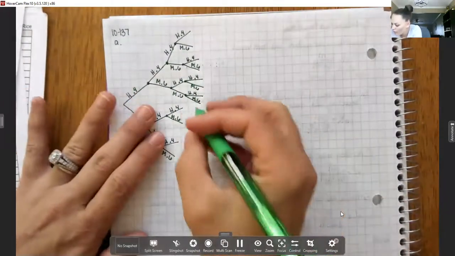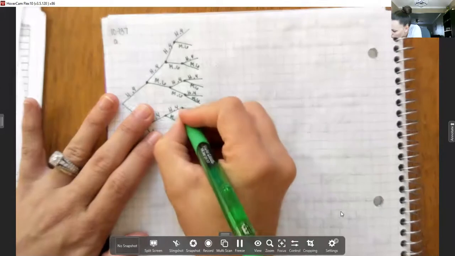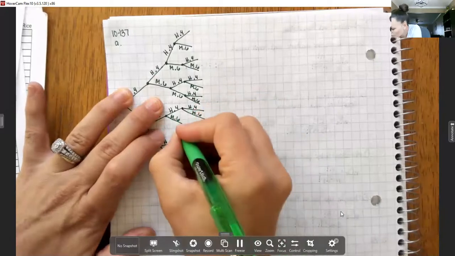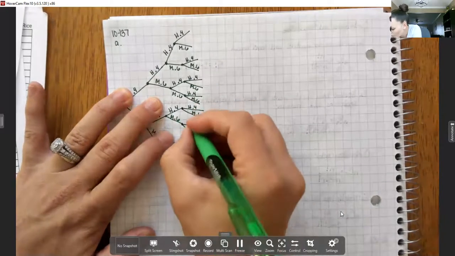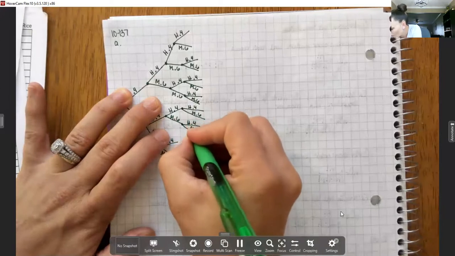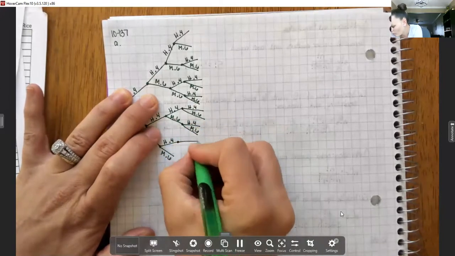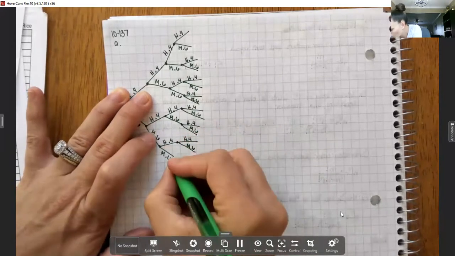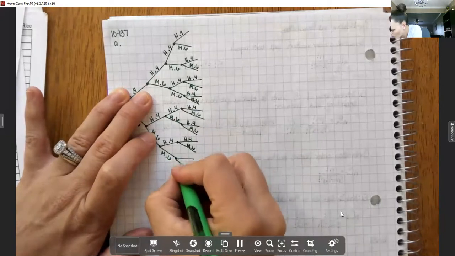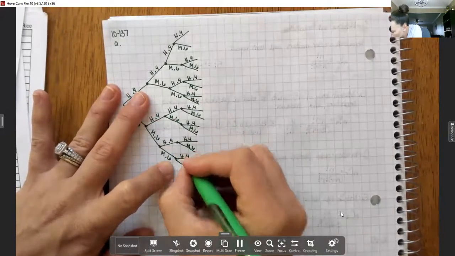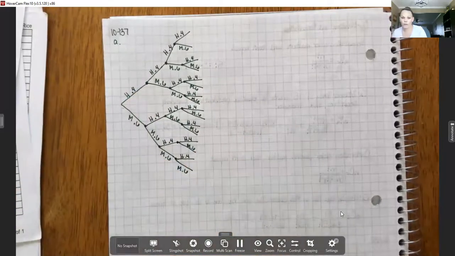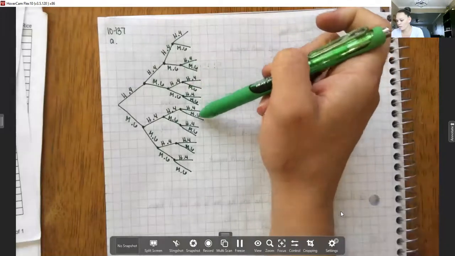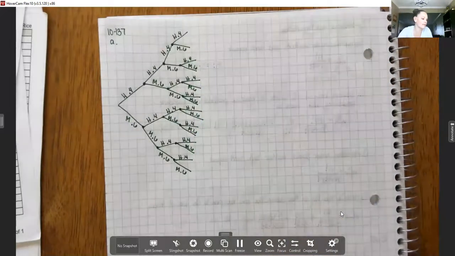And I'm already not having enough space like I would like. All right, so it looks like we're at the end. You should end up with 16 branches.